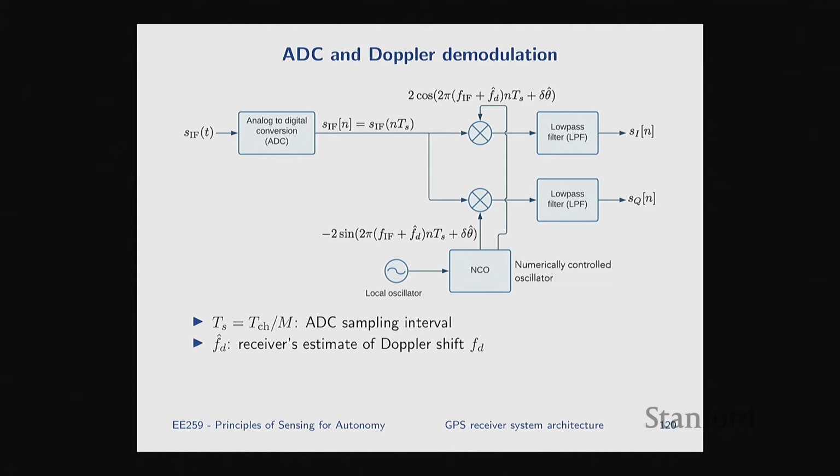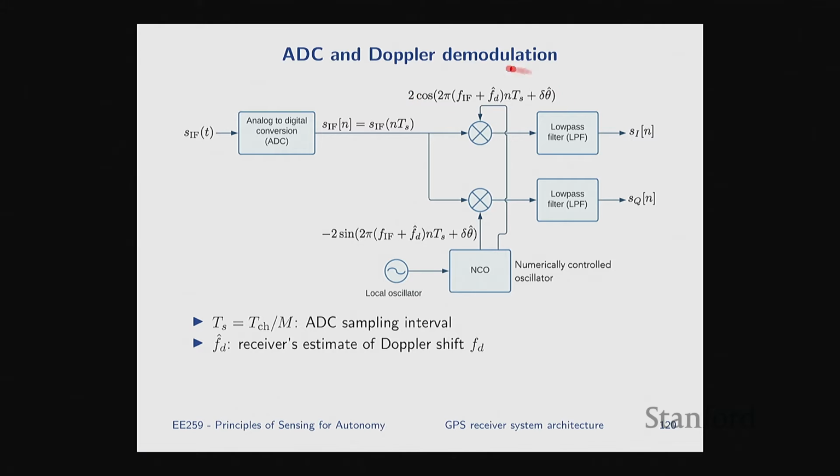So f hat Doppler is the receiver's estimate of the Doppler shift. And f_IF, the intermediate frequency, is known, because the receiver knows what intermediate frequency it's using. Then you have to do another mixing of your discretized IF signal.